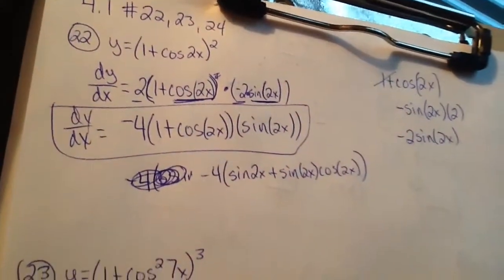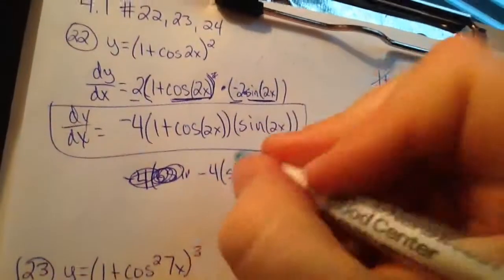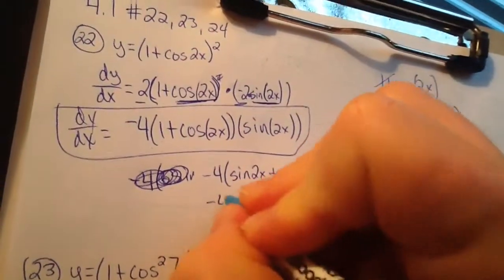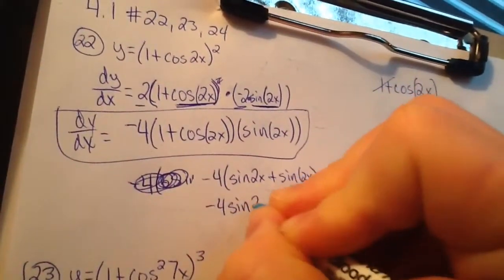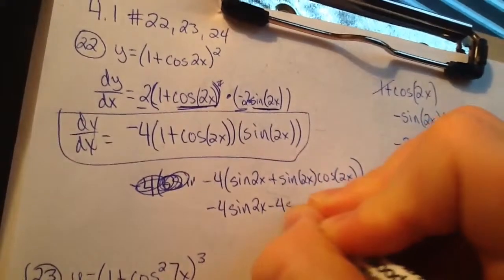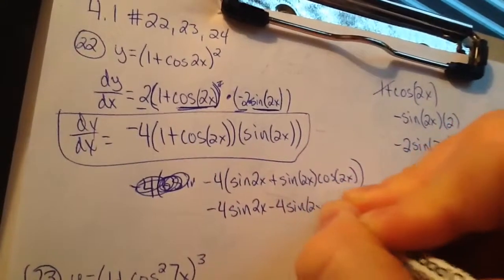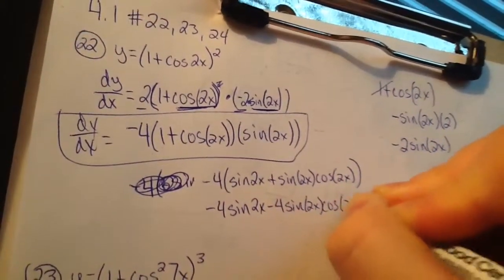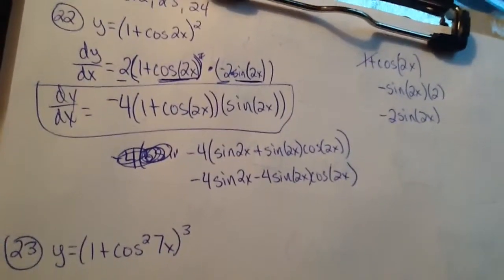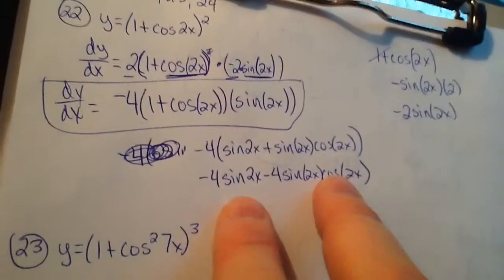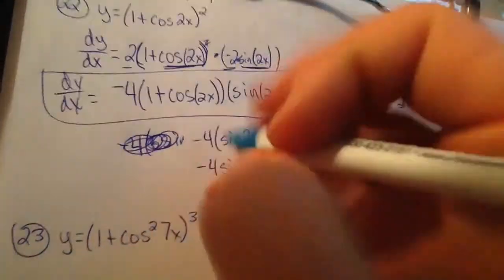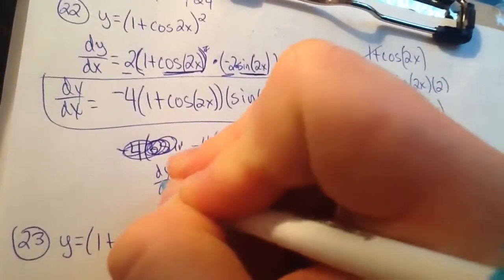Nothing happened. Or you could even go one step further and distribute the negative 4. Negative 4 sine of 2x minus 4 times the sine of 2x times the cosine of 2x. Okay, cool. But nothing happened. Nothing got simpler. If you did that, though, that's not wrong. That's still a perfectly acceptable answer. It's the same thing.